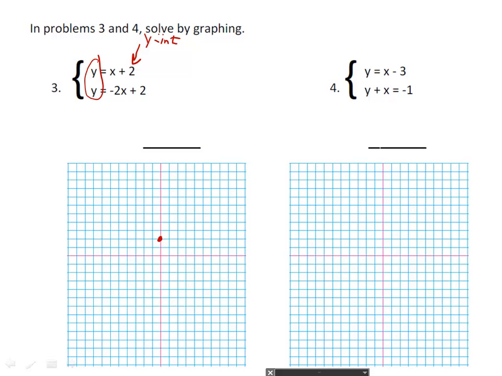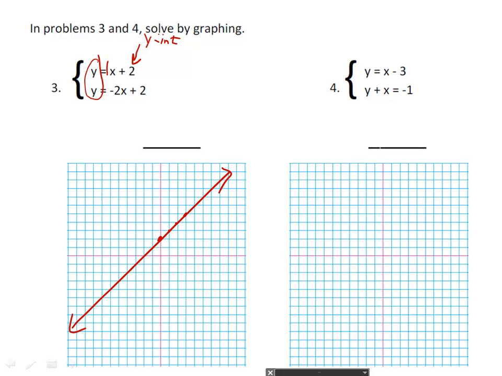There's no number in front of x, which means that 1 is that number. So I'm up 1, 1 to the right. It's 1 over 1. And then use a straight edge to make a nice line, and I'll do my best on this. It's not as easy on the computer, but there it is.